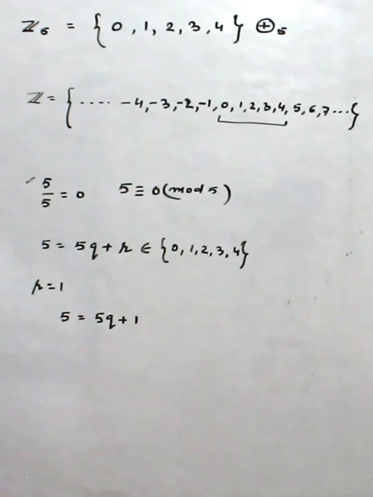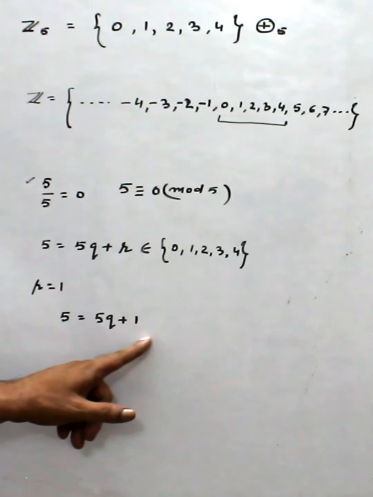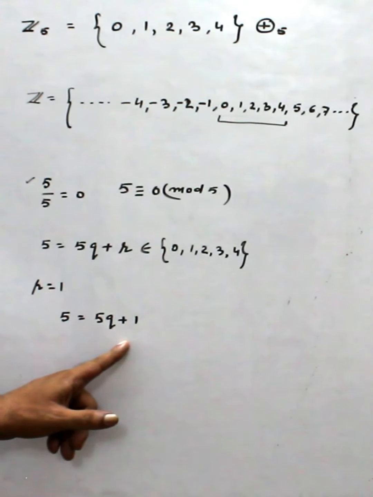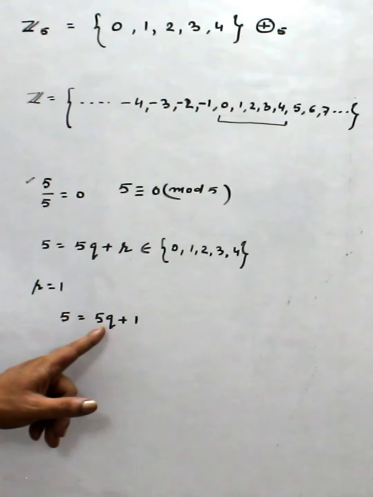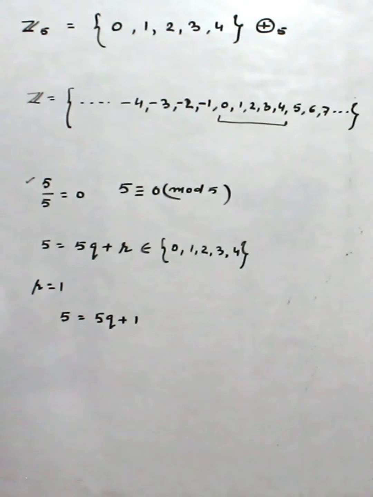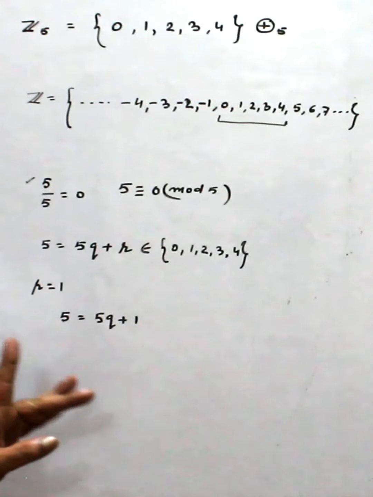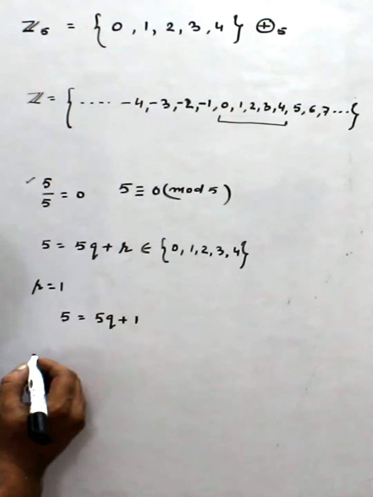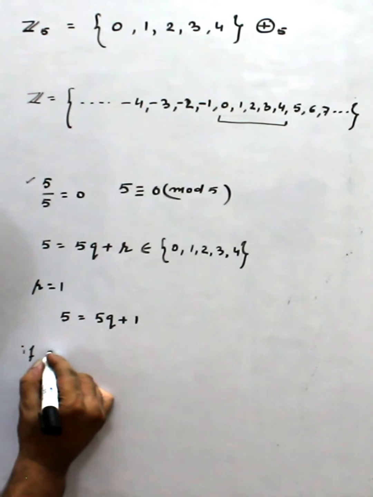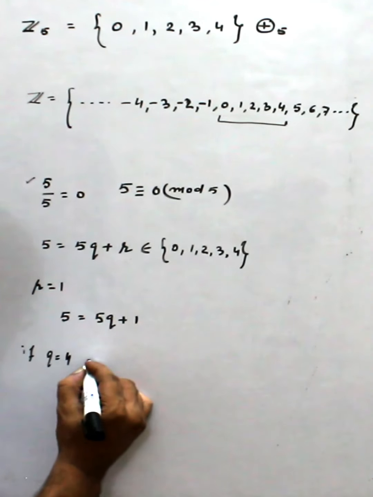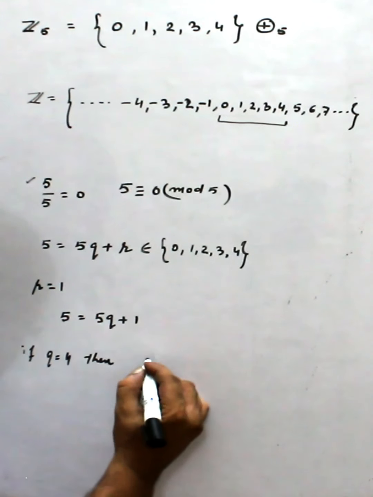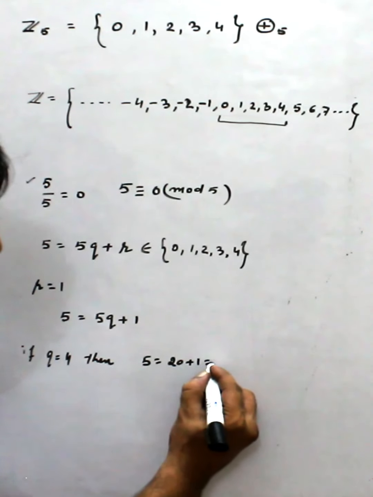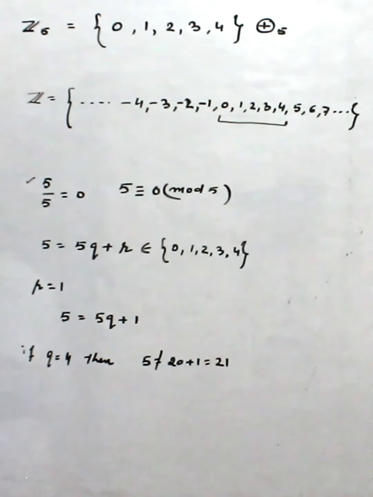If I choose q as 1, then the right side becomes 6 and the left 5, so they are not equal. If I take minus 1, then this becomes minus 4, which is not equal. If I take q as 4, then 5 is equal to 20 plus 1, that is 21, and this is not equal.